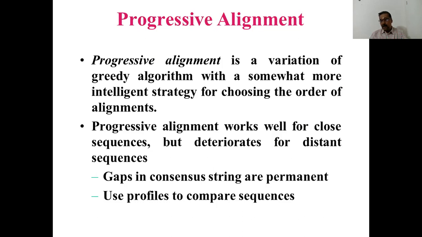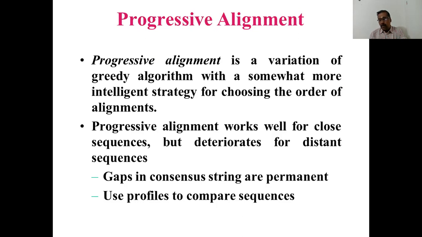After this, the left out sequences are 2, 4 and 5. Which sequences should be added to this 1, 3 pair? Either 2 or 4 or 5. That we have to decide. So assume 1 and 3 is the closest pair. Left out sequences 2, 4 and 5.